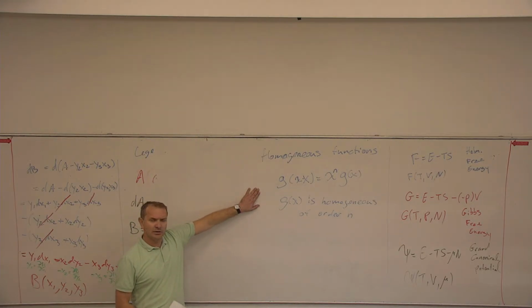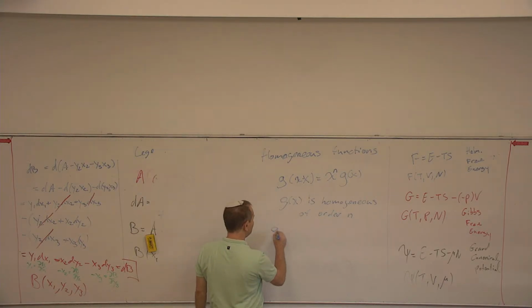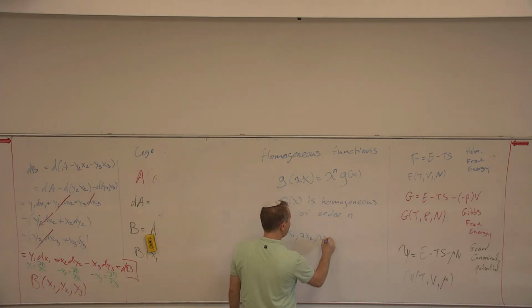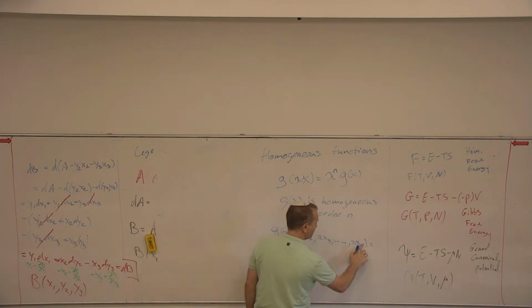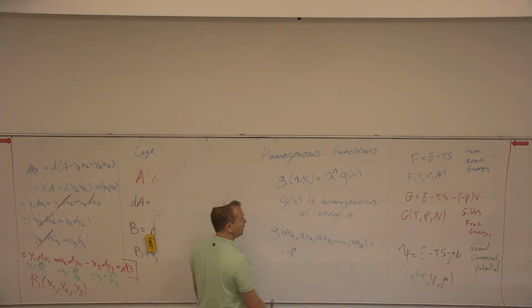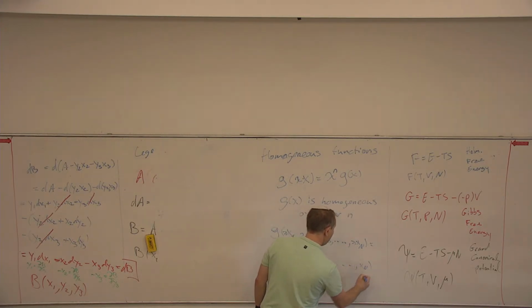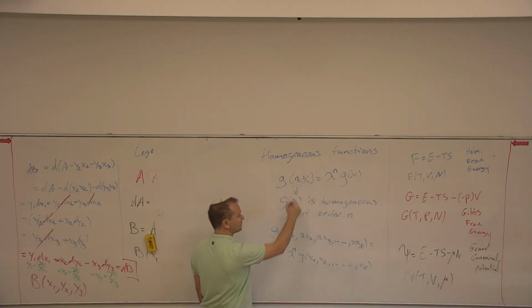Now this holds not only for one specific coordinate. If you have g of lambda x1, lambda x2, lambda x3, up to lambda xn, and it equals lambda to the power of n times g of x1, x2 to xn, then g is a homogeneous function of order n.